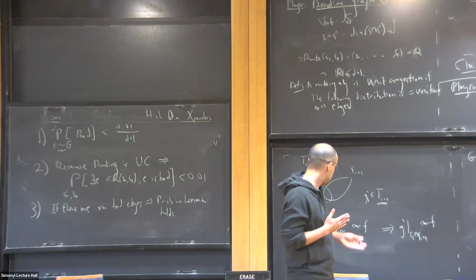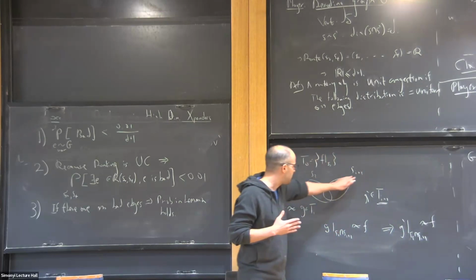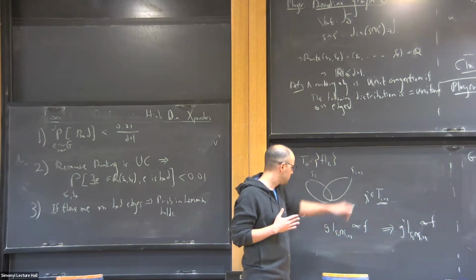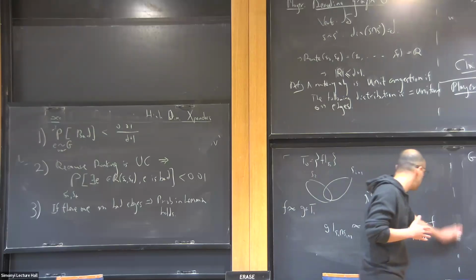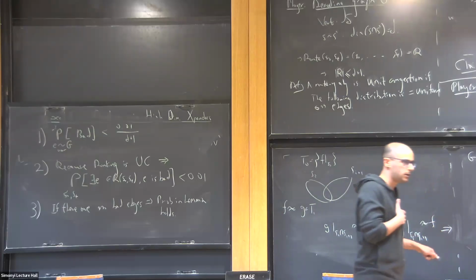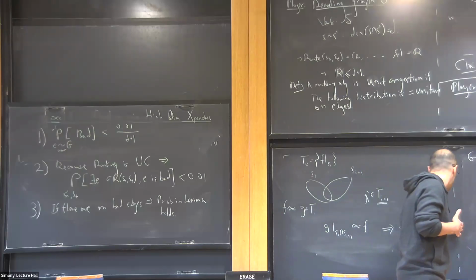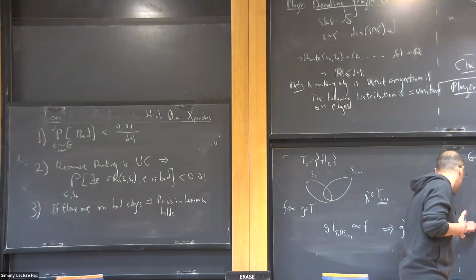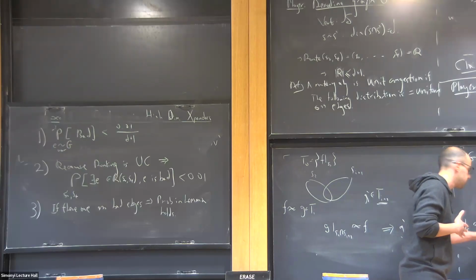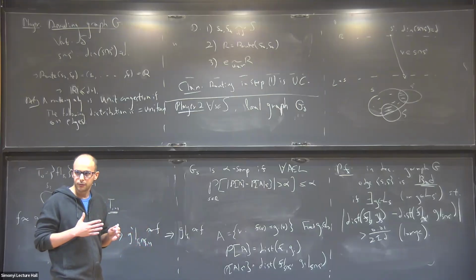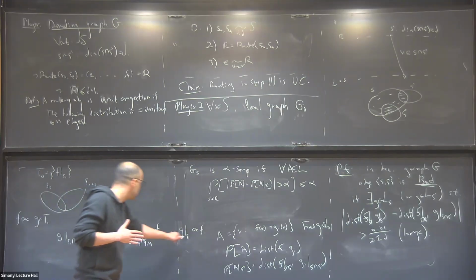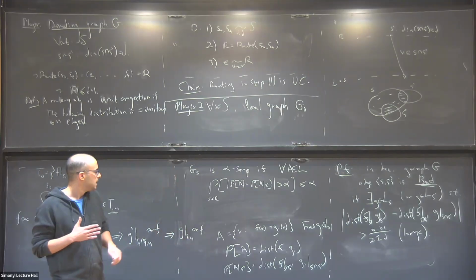And finally, this edge is also not bad with respect to S_{i+1}. So this also implies that if I'm close to F on the intersection, then I have to be close to F on all of S_{i+1}. Sorry? I plus 1, thank you.